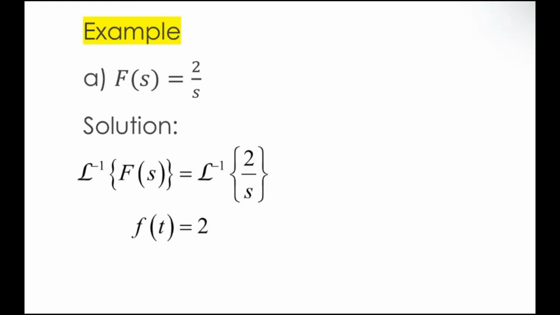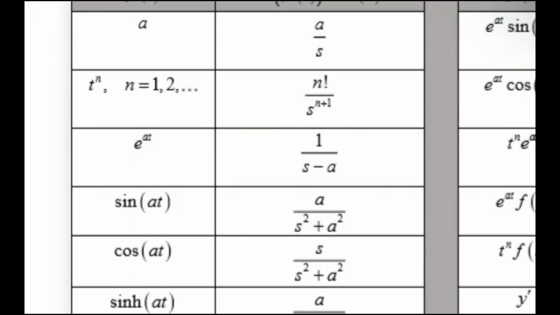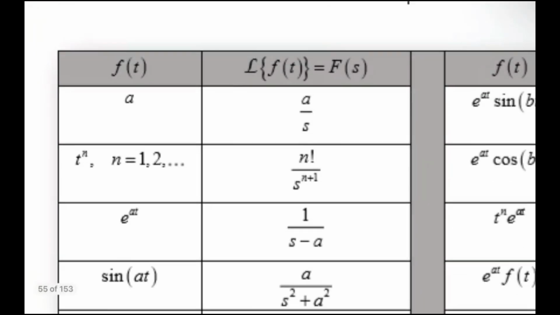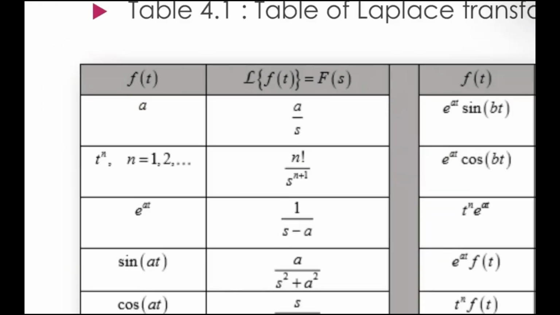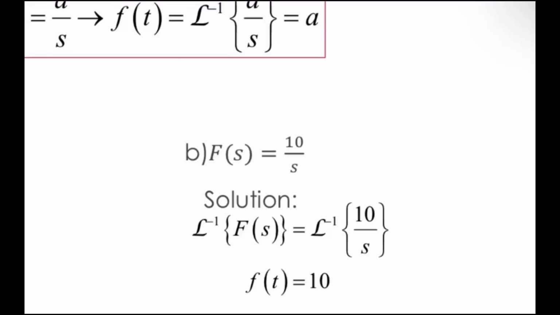You look back at the table here, we have 2 over s, find the inverse back, this is equal to 2. For B, 10 over s. When you inverse back, you get 10.